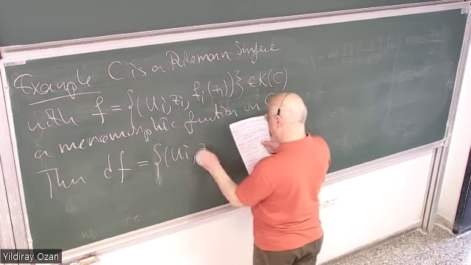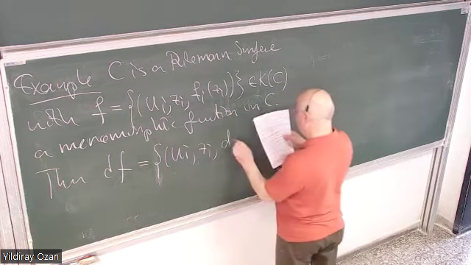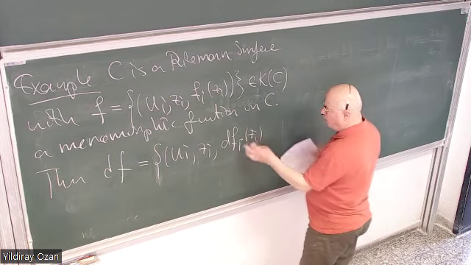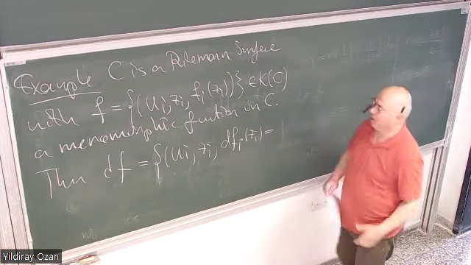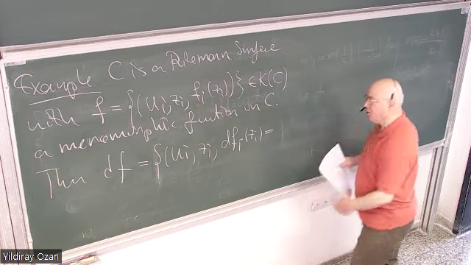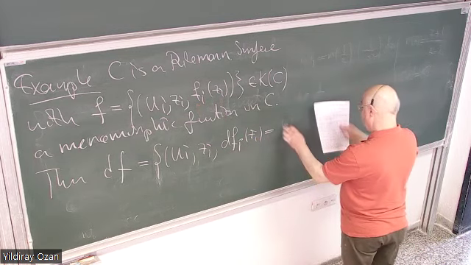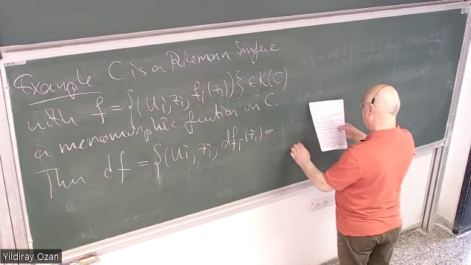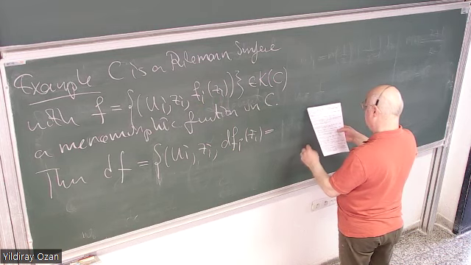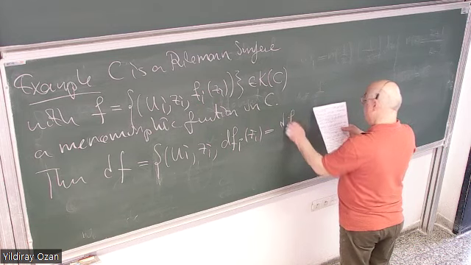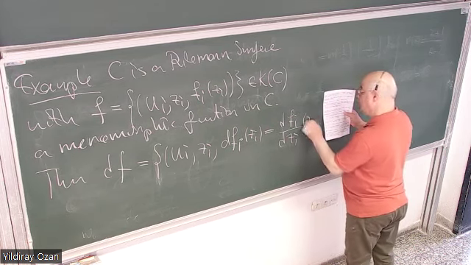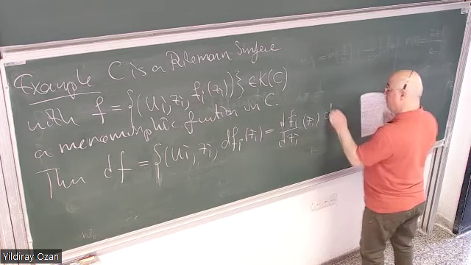Ui, zi, dfi, zi. So what do we mean by fi? This is a function. I just take its differential. What is the differential? Well, it is just dfi, dzi, zi, dzi.